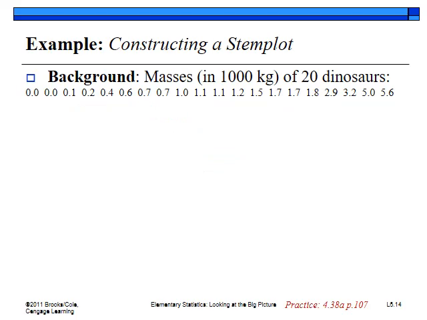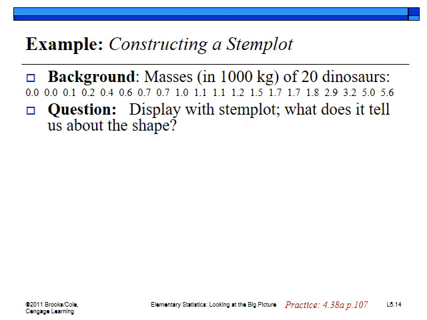So let's look at an example. Here's a list of the masses in thousands of kilograms of 20 dinosaur species. Let's create a stem plot and ask what it tells us about the shape of the distribution.